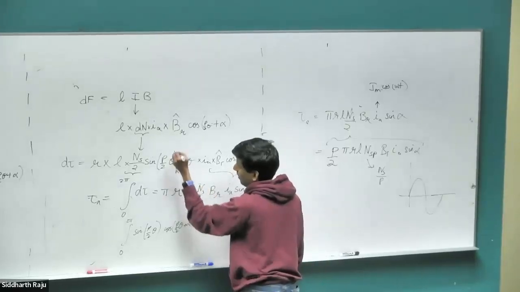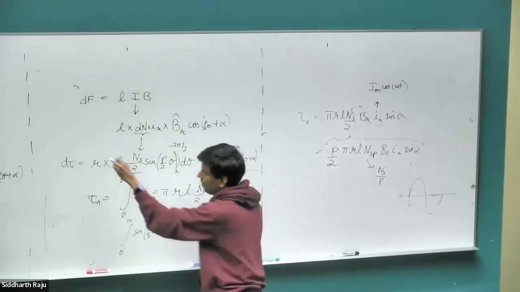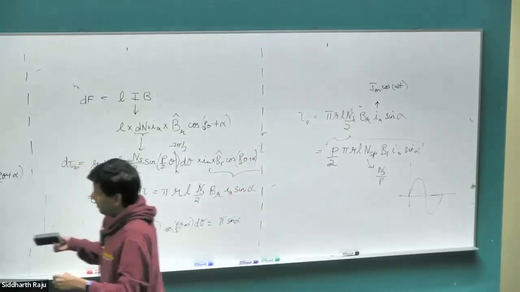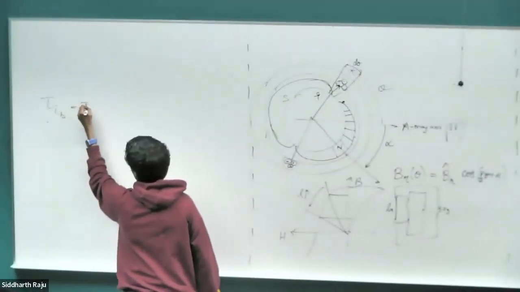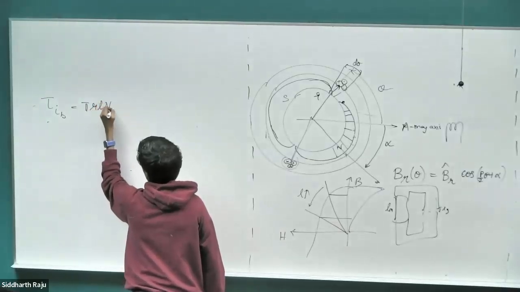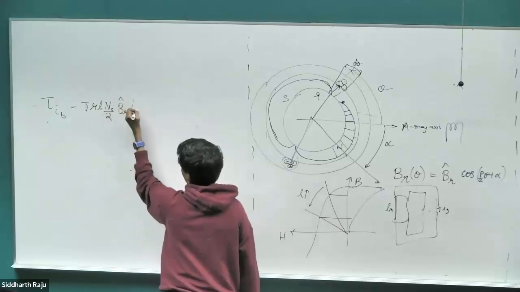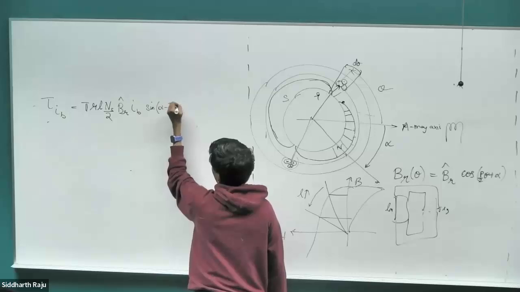This term would have another factor, minus 2 by 3 times pi, when we go to B phase, right? Theta due to B phase. And then you can do the same problem all over again, set up the math, do the integration, and you will end up with your expression for torque due to B phase as pi times R times L times G, NS divided by 2 times BR times IB times sine of alpha minus 2 pi by 3.